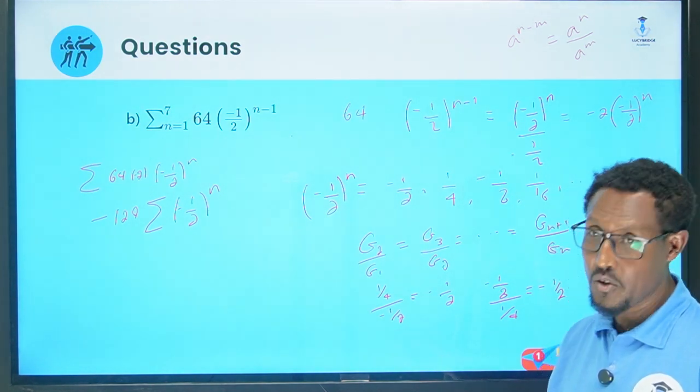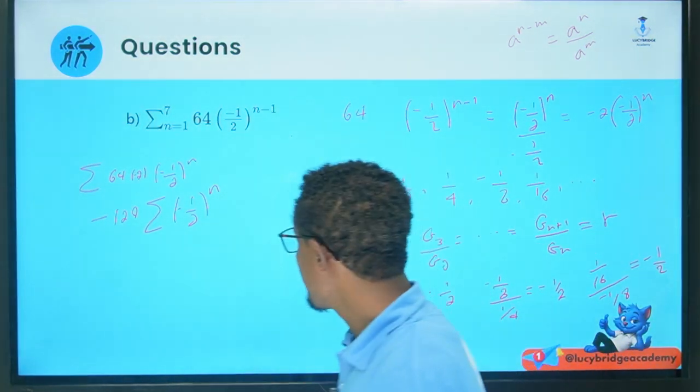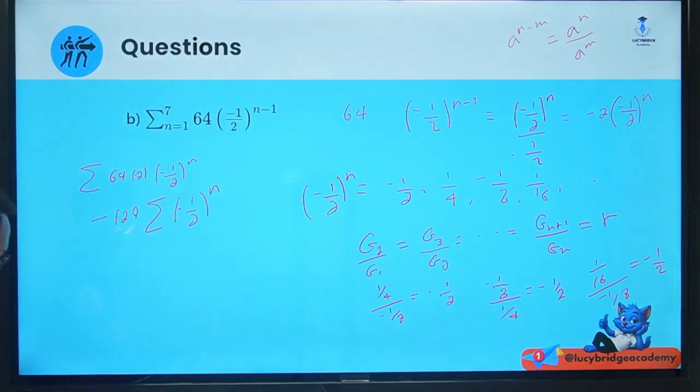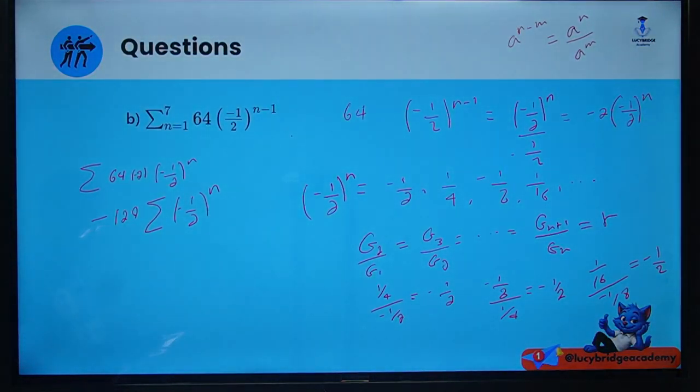That means our common ratio is minus 1 over 2. Now, how much is G1? G1 is minus 1 over 2, and r is equal to minus 1 over 2.